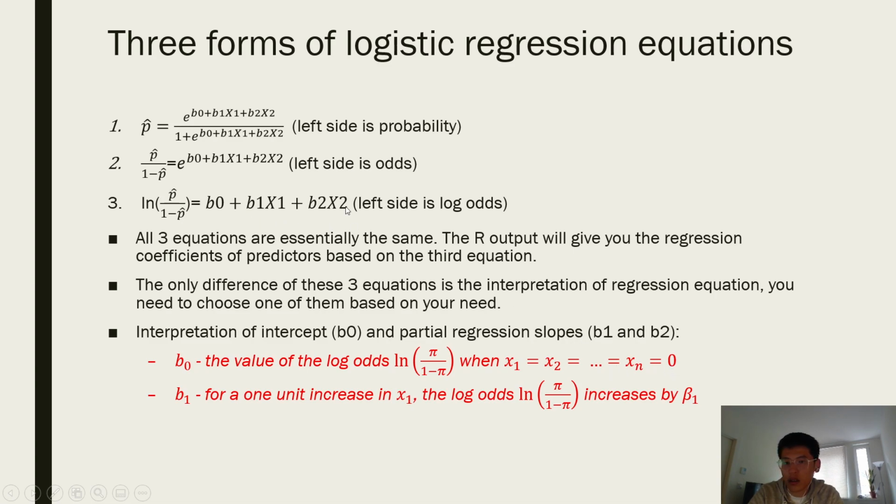So everything equals 0, what is the logit of y? B1 is like, for 1 unit of increase in x1, what is the increase in logit in y? So this is the value of the increase or decrease in the logit of y.